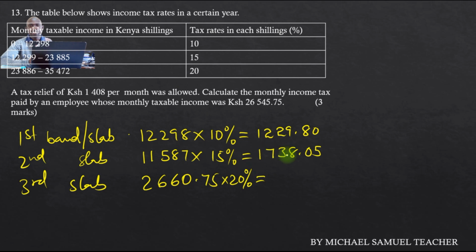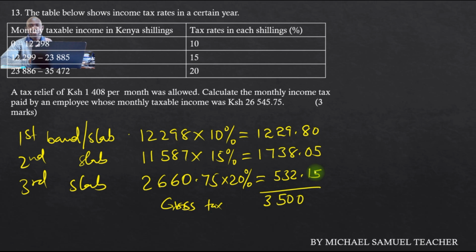We work it out, we shall get 532.15. So the gross tax, once added, we are getting 3,500 shillings.